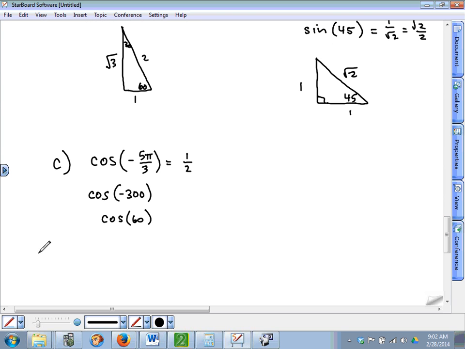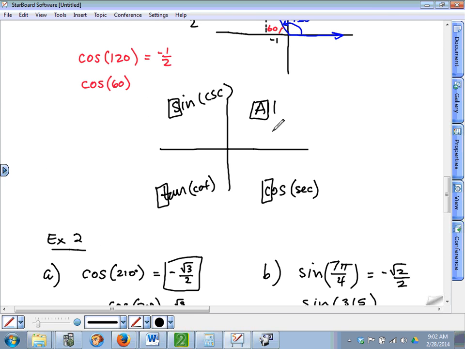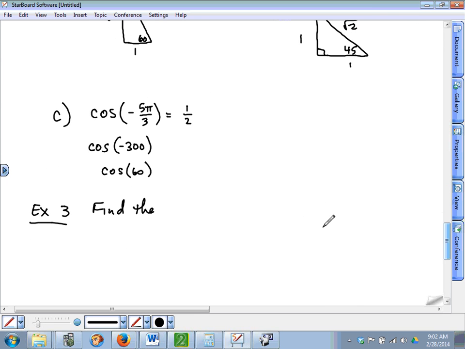Here are some critical thinking examples. Example 3. Find the quadrant. It's just making use of this right here. All students take calculus. Find the quadrant in which theta lies.